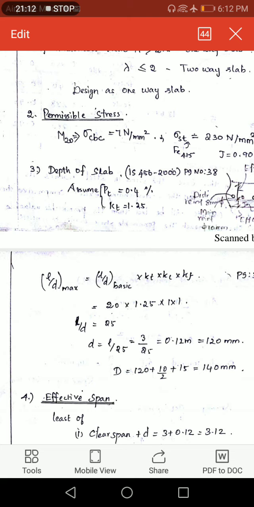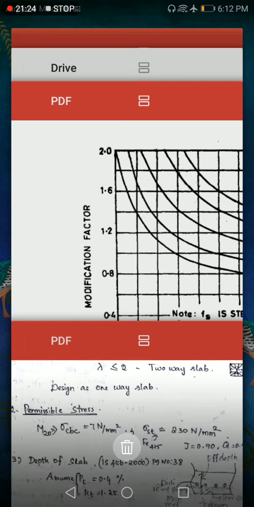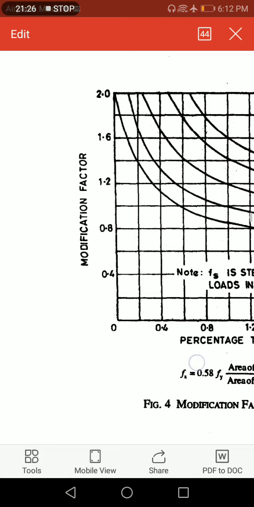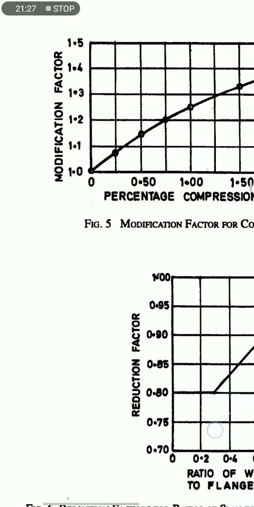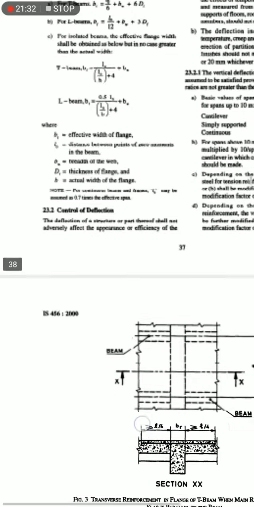Okay, for simply supported beam, according to IS 456 page number 37, the L by d basic value for simply supported beam is nothing but 20. Page number 37, please read it out. Yeah, this is given.